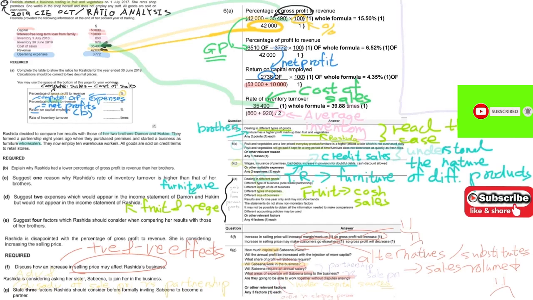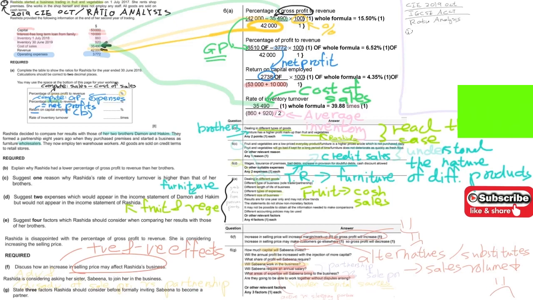Once again, this is for the CIE, the 2019 October paper. We are talking about IGCSE accounting. In ratio analysis, there are a few things I would like to remind you of.